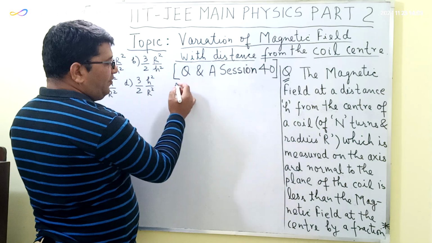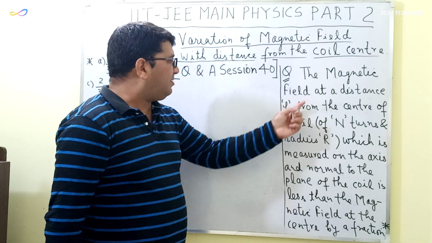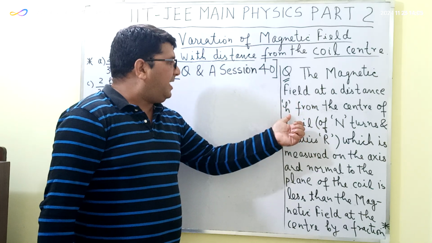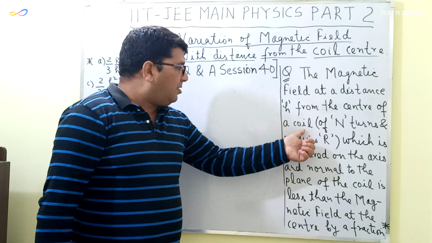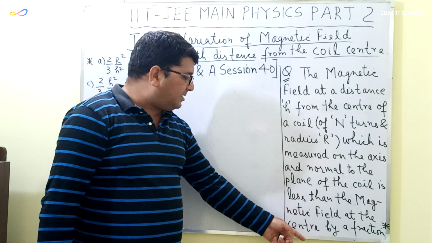So basically what we have to find is the fractional decrease in the value of the magnetic field at a point h from the center of the coil on the axial line in comparison to the magnetic field at the center.